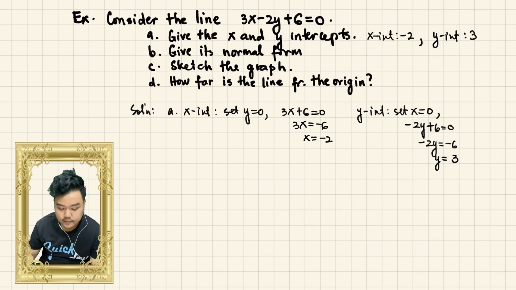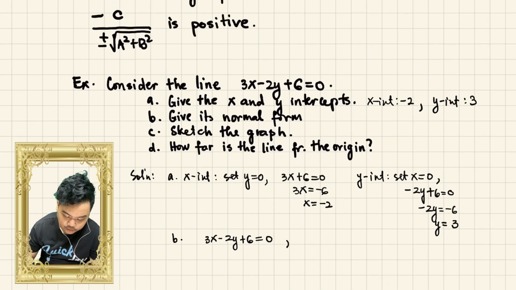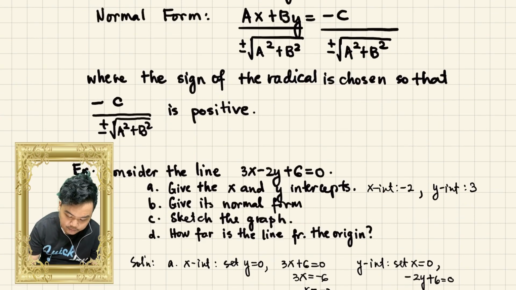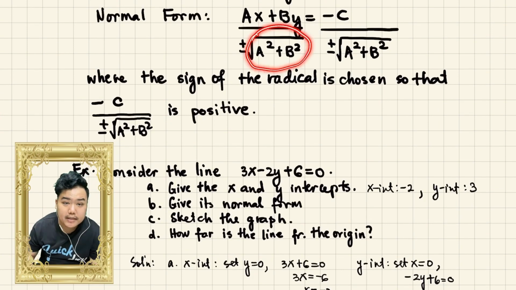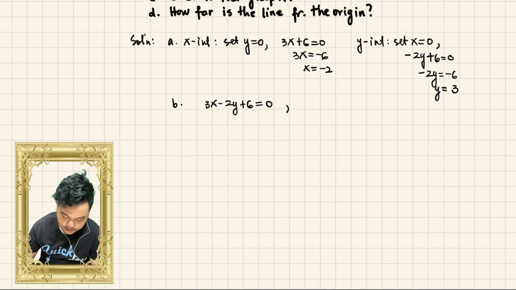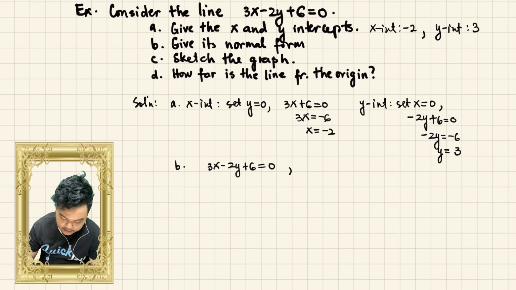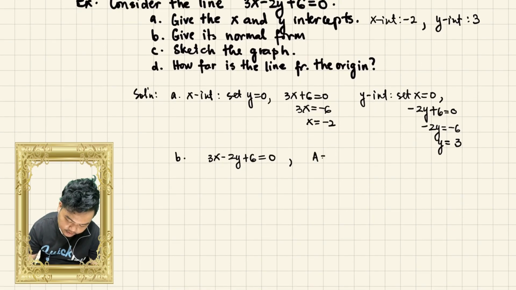Okay? Next, for the normal form, kopyahin ko lang yung line natin. 3x minus 2y plus 6 equal to 0. So, paano nagtatransform to normal form? Kukompute mo tong square root ng a square plus b square. Okay, pero ano ba yung a dito? 3.